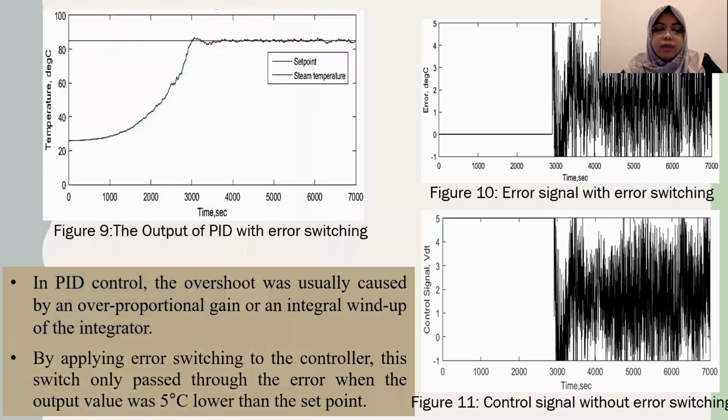In PID control, we know that the overshoot is usually caused by an over operational gain or an integral windup by the integrator. Therefore, we applied error switching to the controller. This switch only passes through the error when the error output value is 5 degrees Celsius lower than the set point.